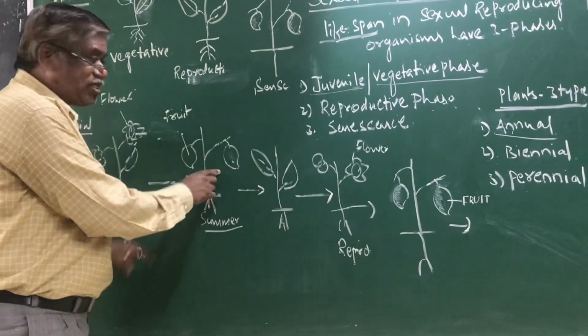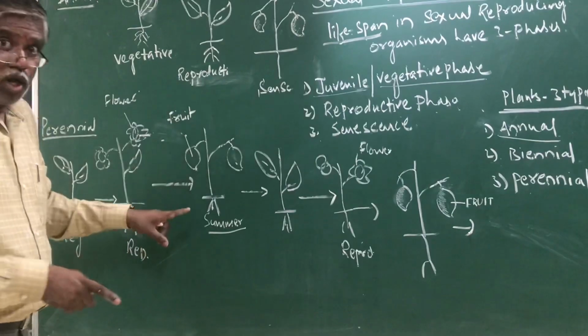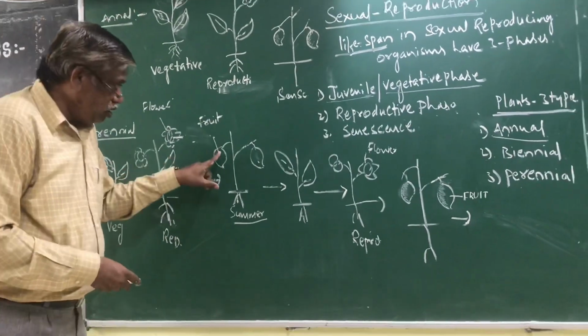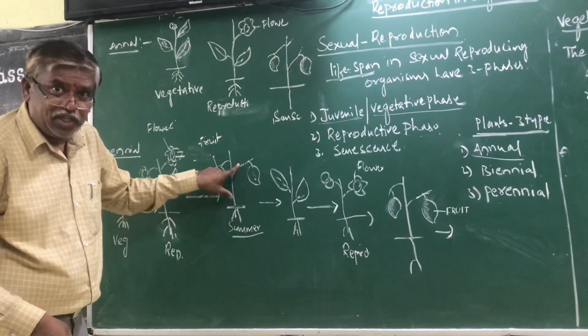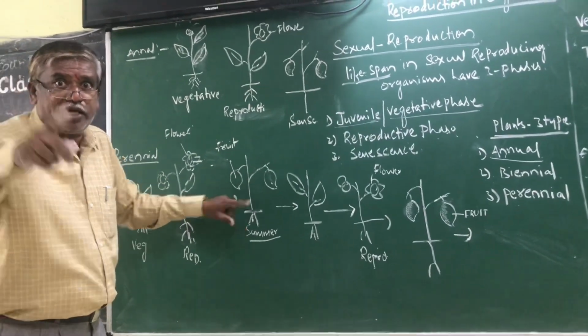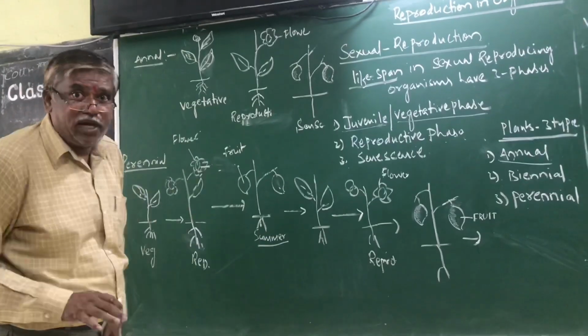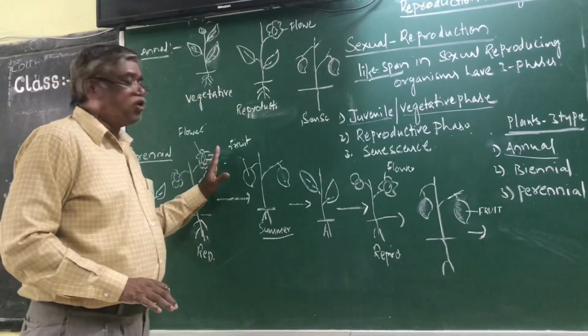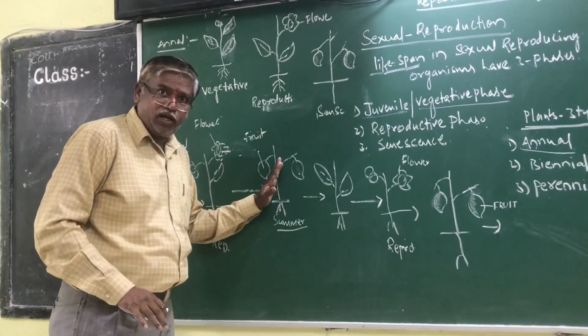If it is senescence in an annual plant and senescence in a perennial mango: if it is annual, the fruits are there, the leaf falls down. It is senescence. If it is senescence, it must face death. But this rule is applicable to annual. But in a perennial plant, after reproduction, fruits will be there.